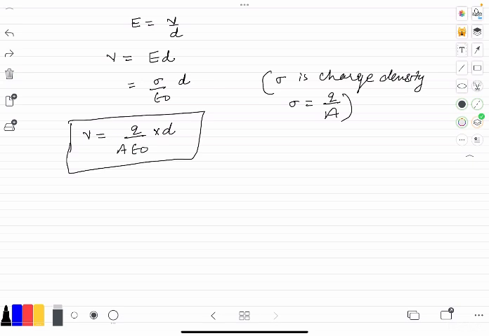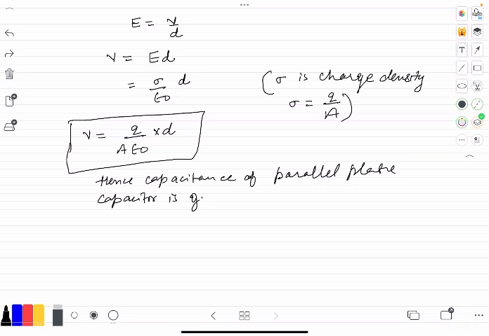Okay, hence the capacitance of a parallel plate capacitor is given by, what is the formula of capacitance?